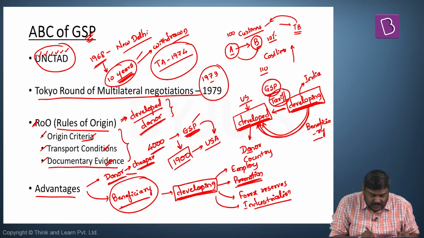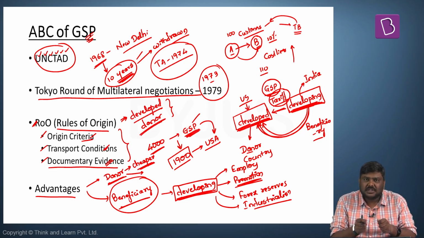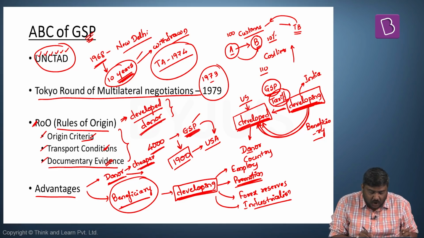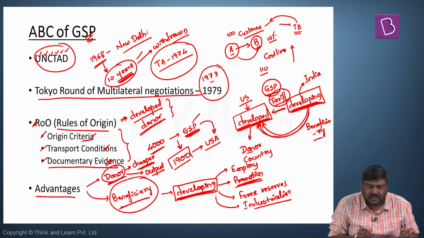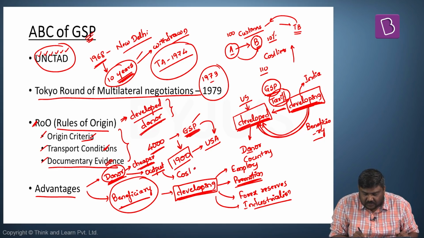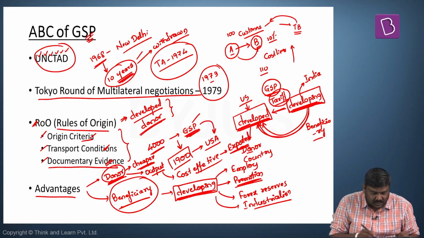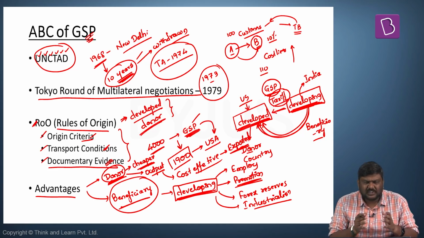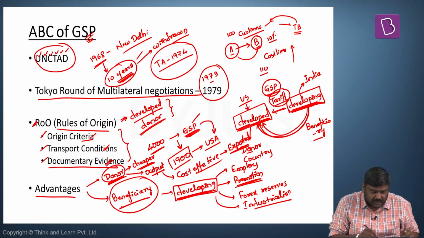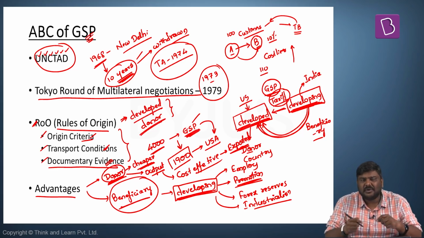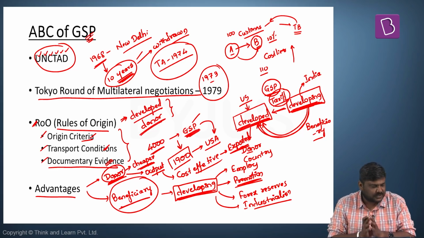And not only this, whenever these kind of inputs are cost effective, the output or the final goods which are produced by the manufacturers in the donor country will also be cost effective. And these can be exported even to other countries. So these are some of the benefits that are derived by the beneficiary country as well as the donor country under the ambit of a generalized system of preferences.